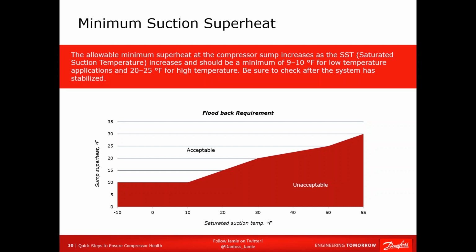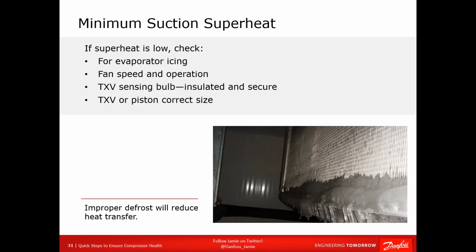And on low temp systems, 10 degrees is good. On higher temp systems, maybe 12 or 15 on a cooler, and maybe 20 or even 25 on an AC system. The danger with AC systems is during dry weather where you really don't have any humidity.